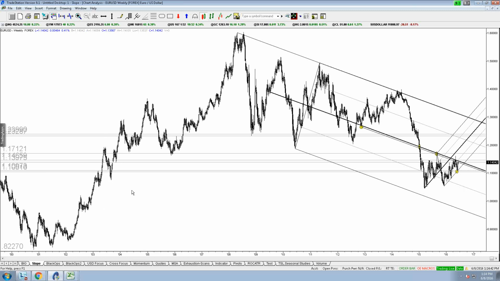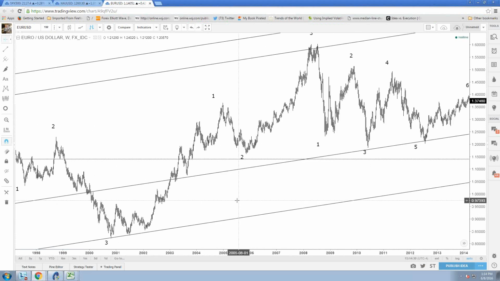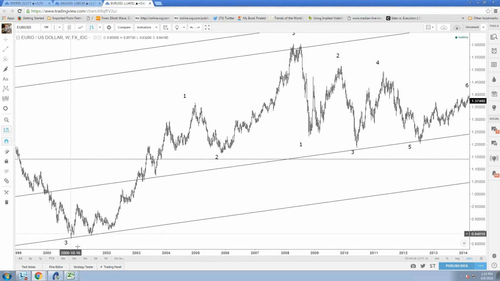Let me do this on a different chart. It took, consolidation-wise, before you broke, let's see. The breakout of this was on the 86th week of consolidation back in the 2000-2002 period.